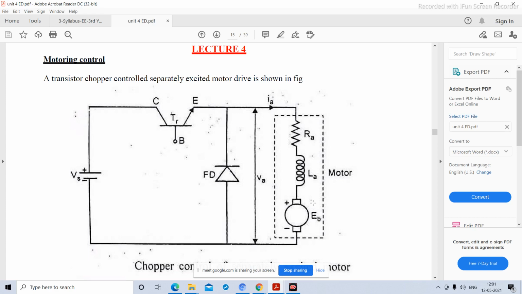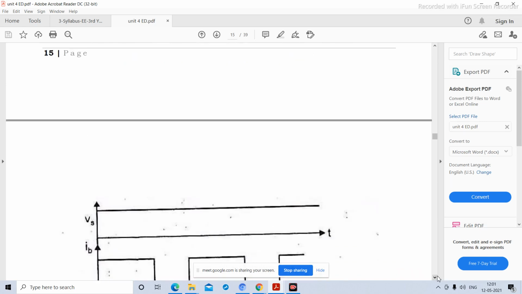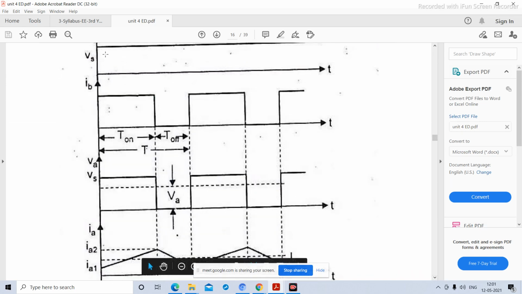So we are assuming that current is also always positive. Here Vs is a constant supply voltage. The chopper is on during the T on period, and off during the T off period. So the complete cycle is T equal to T on plus T off.